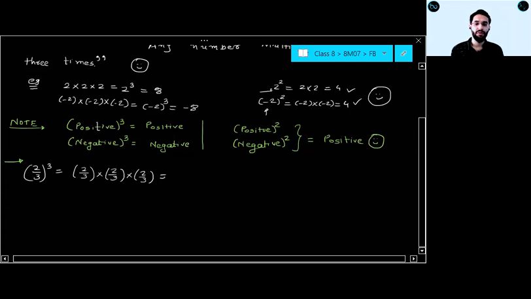And when you are multiplying fractions, multiply all the numerators, 2 into 2 into 2: 2 into 2, 4, 4 into 2, 8. 3 3s are 9, 9 3s are 27, or not? Yes. 8 by 27. Is it clear?